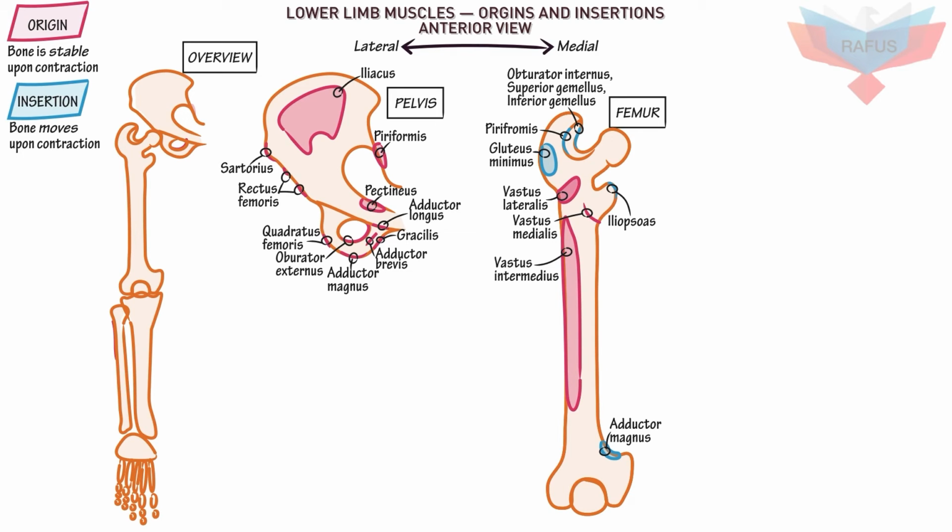It also arises from the posterior aspect of the femur. Notably, these three vastus muscles insert at the patellar tendon with rectus femoris to create the quadriceps femoris. Lastly, show that articularis genus arises superior to the patellar surface of the distal femur.